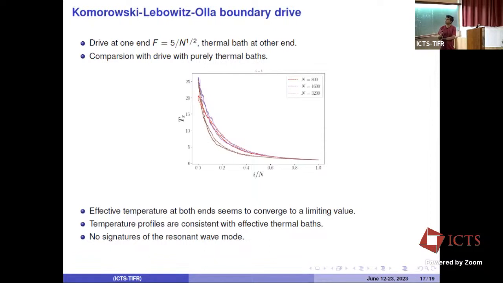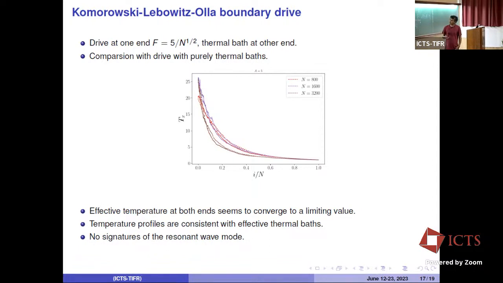The interesting points in this model are that the effective temperature at both ends seems to converge to a limiting value, and they're consistent with just applying effective thermal baths at the 2 ends, and there are no signatures of this resonant wave mode. So somehow to get the resonant wave mode, it's really important to have both drive and dissipation at the left end.